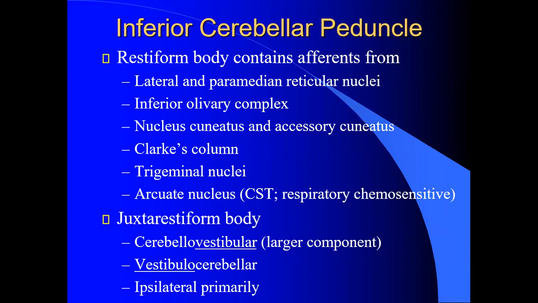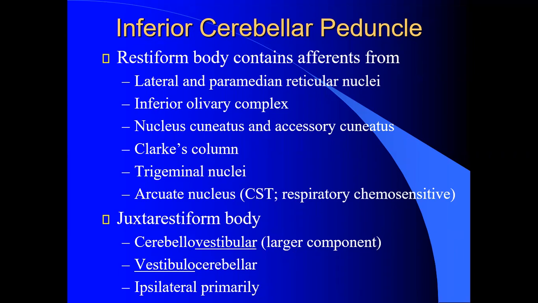Briefly, the inferior cerebellar peduncle is divided up into two parts. There's the restiform body and the juxtarestiform body, and they're very separate. Most of the time, when you think of the inferior cerebellar peduncle, you're really thinking about the restiform body, okay? The juxtarestiform body we can dispense with cognitively very quickly, and that is, it's a reciprocal pathway between the vestibular system and the cerebellum, direct, okay?